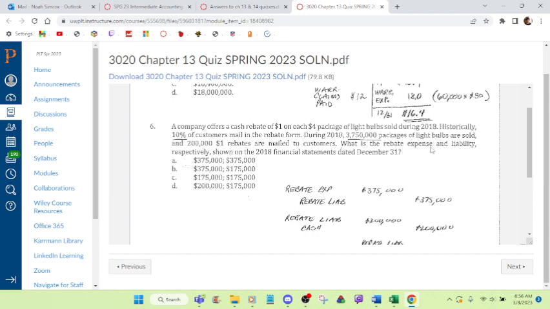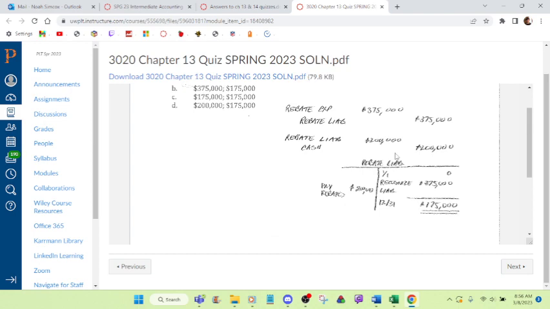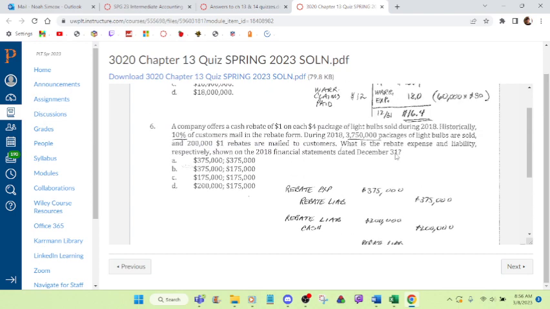So what is the rebate expense for 2018? It's 375,000. Why? He didn't really show the solution. I don't even remember what I did for this.